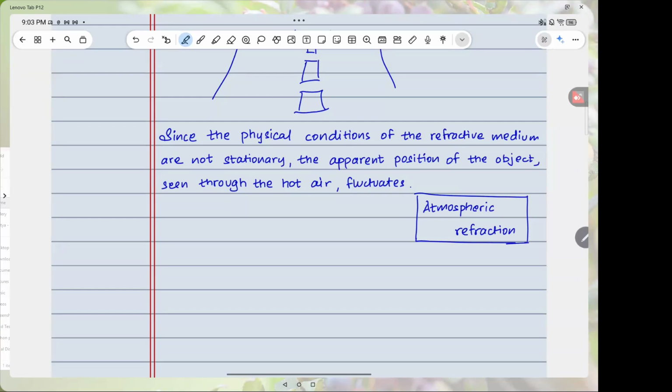So what does atmospheric refraction basically mean? Atmospheric refraction is refraction of light by the Earth's atmosphere.